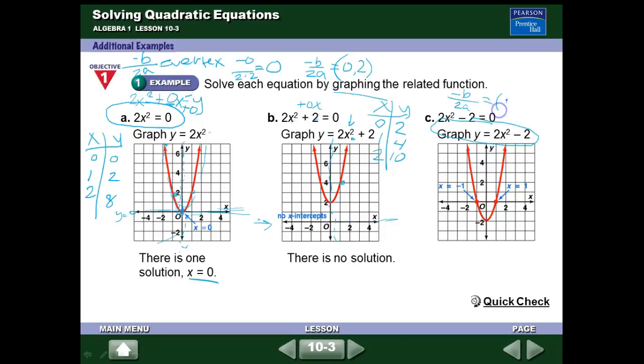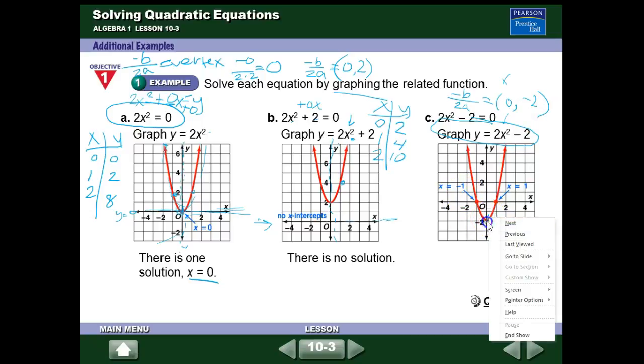I'm still going to have an axis of symmetry at 0. That is my x term when I plug this in. Plug 0 back in. So 0 squared, 0. 2 times 0, 0. Minus 2. My y value is going to be at negative 2. So my vertex is here. I know my axis of symmetry is along this line.